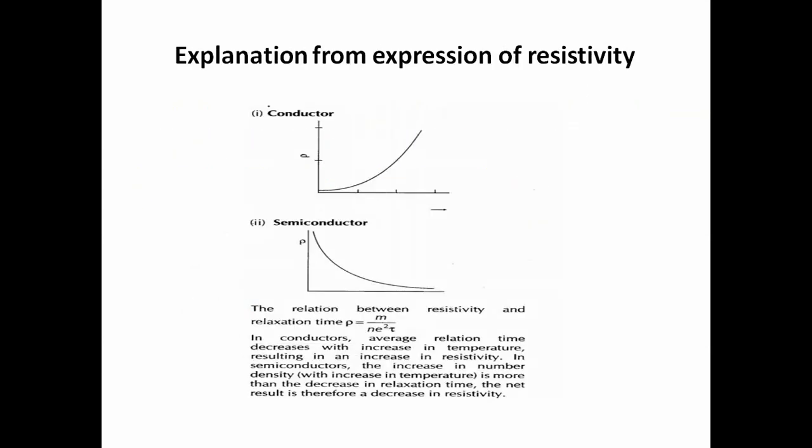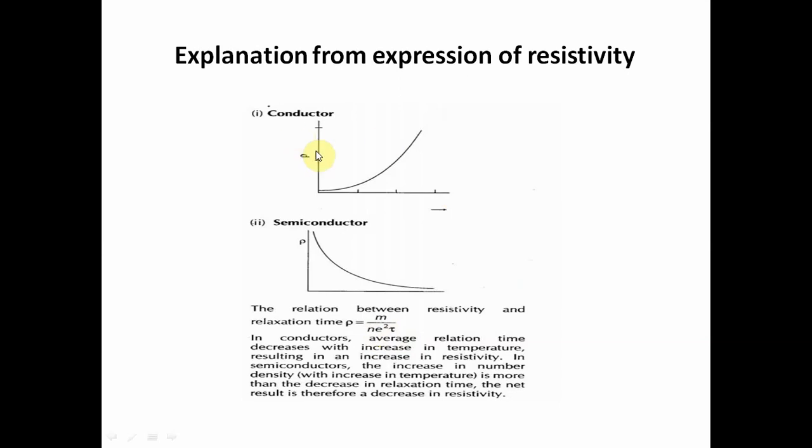The explanation given in the above slides can also be explained with the help of the expression for resistivity, which is rho equal to m upon n e square into tau, where n is the charge density, e is the charge, tau is the average relaxation time, and m is the mass.